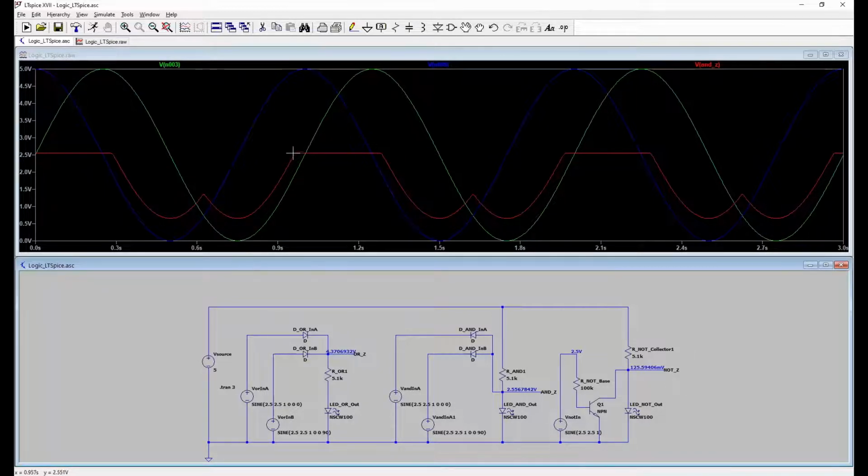It then stays high until B, that was highest first, drops below the 1.25 volts, followed by A also dropping below 2.5 volts.